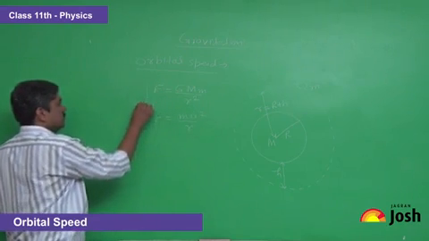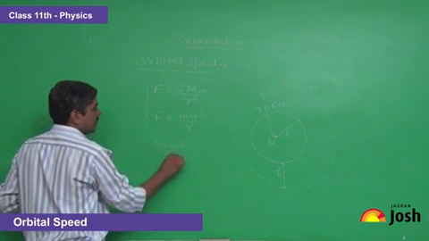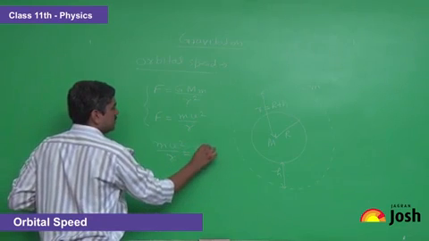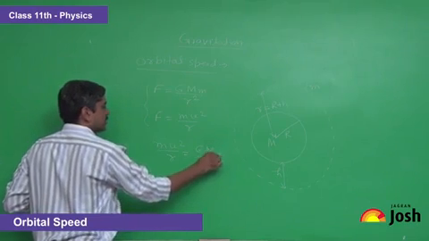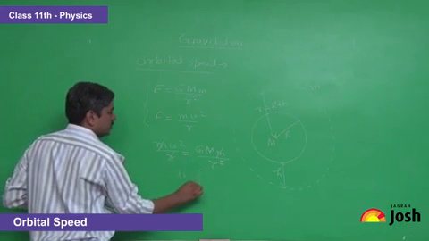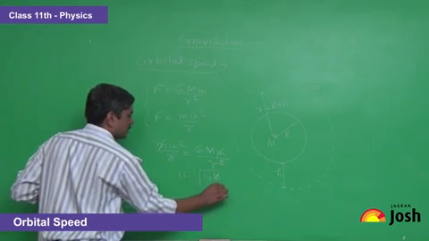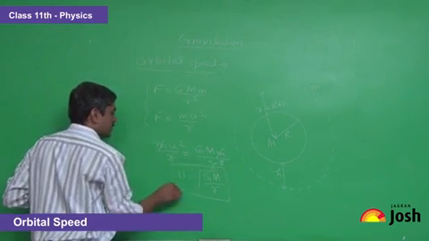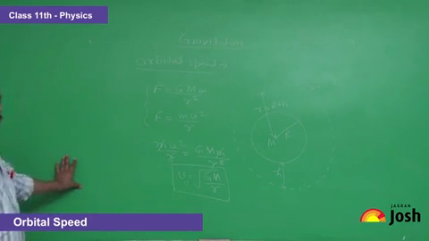On equating these two forces, we get m v square upon r equals capital G capital M into small m upon r square. Now, we get v equals under root GM upon r. This speed is known as the orbital speed, that is Vo.